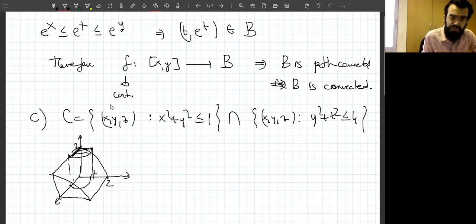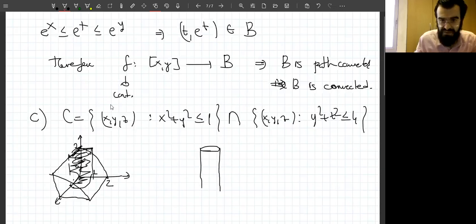So this portion here, the whole part becomes this. We have some cylinder here, and from cutting we have this shape.